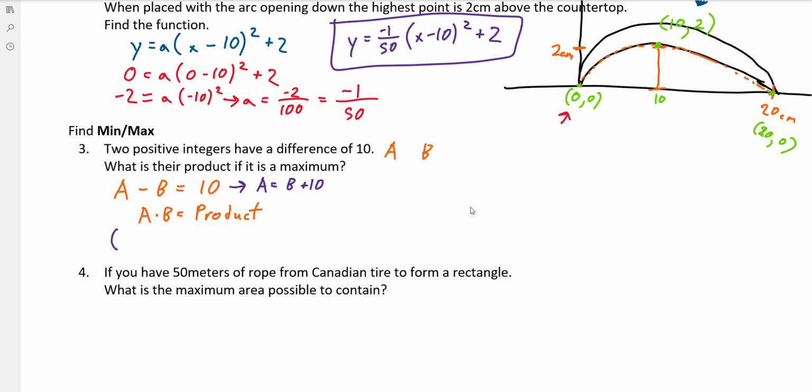So we're going to do that. B plus 10 times b equals product. And I have a feeling like we're going to be a minimum, not a maximum. Yeah, I think we're going to have a minimum. So maybe I have to change that.